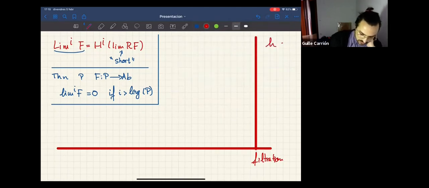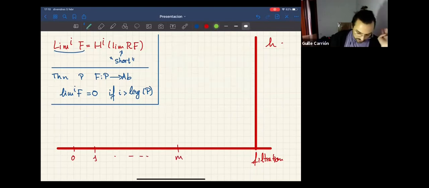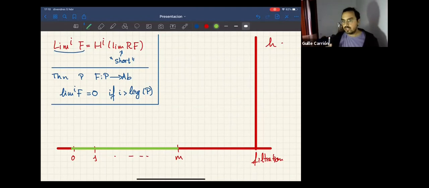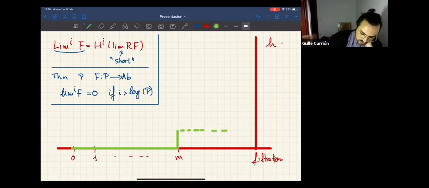So here is filtration 0, 1, here M. Now again, we are walking through our diagram, and when we arrive at M, we have to put here a cocylinder. Then we have to put here the vertical line, because now we are in height 1.